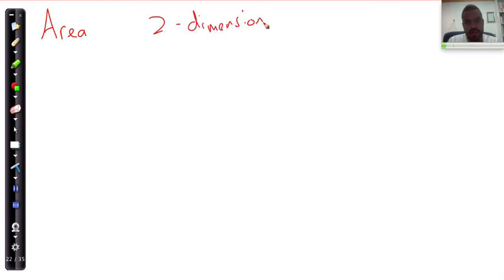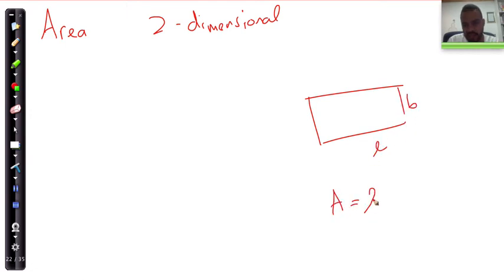Okay, so very importantly, when we talk about this two-dimensional area, if I look at the area of a rectangle, where this is the length and this is the breadth, then the area of a rectangle's formula is length multiplied by breadth.